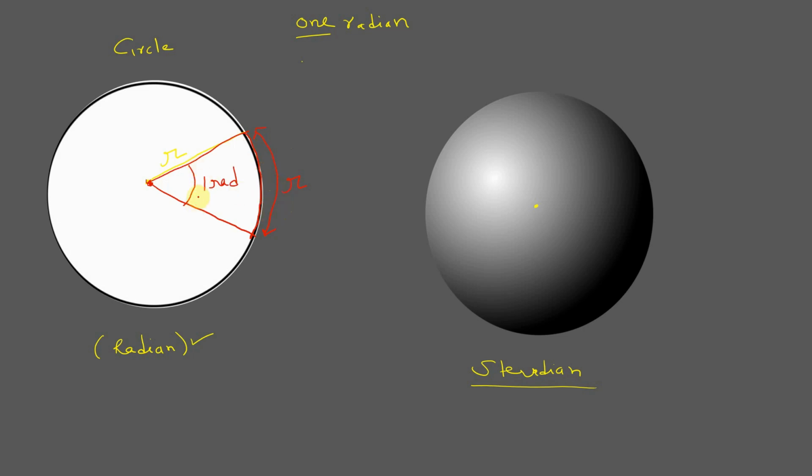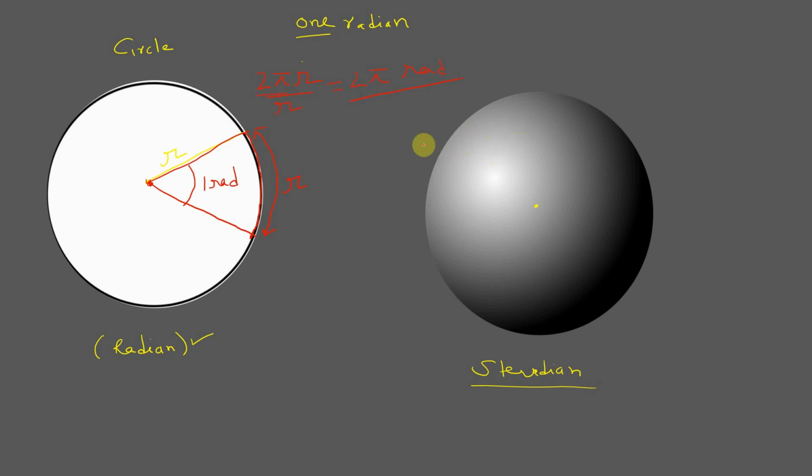Now we know that the circumference of a circle is 2 pi r. Then how many radians are there in a circle? That will be 2 pi r divided by r, so we have 2 pi radians in a circle.